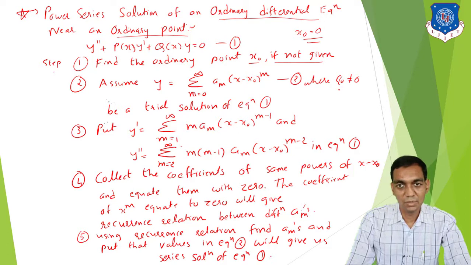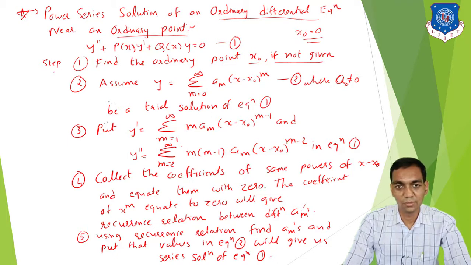Please remember this thing: the value of a0 is not equal to 0. Now this is the trial solution. That means you are assuming that this is the solution of differential equation 1.